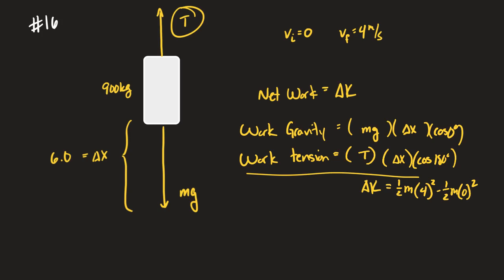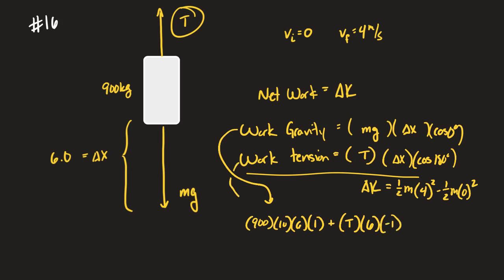Any questions yet? All right. I'm just going to use 10 for g so I can make this quick, but you guys know that Mastering is going to want 9.8. So I've got 900 times 10 times 6 times 1. That is the work done by gravity. Plus T times 6 times -1.